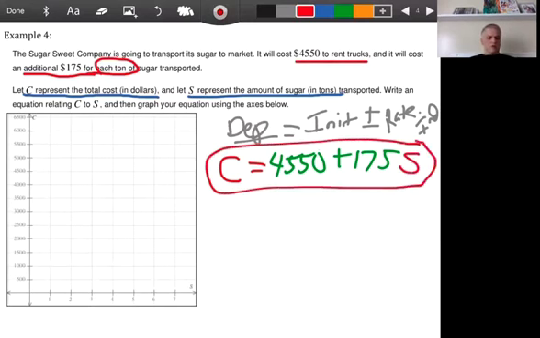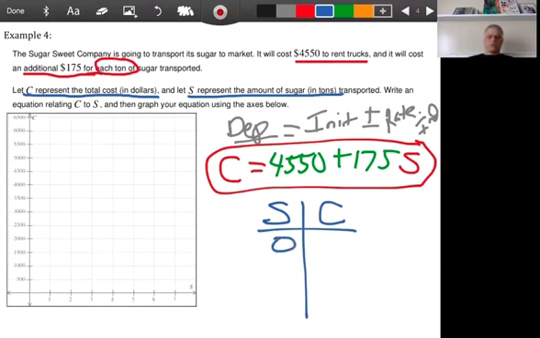It's nice. And I'm looking over here and I'm saying I really don't want to do rise over run with 175 because these are not in increments of 175. Those increments are actually in 500 unit increments. So let's go with our S and C. Start with 0 because that's easy enough.